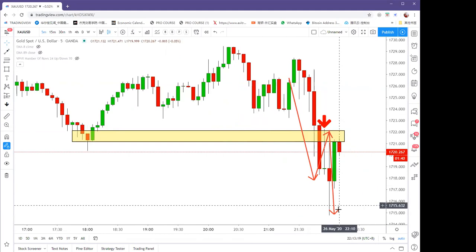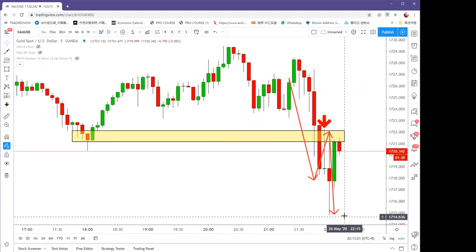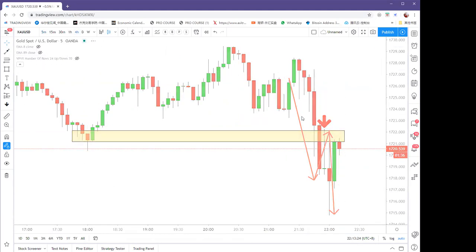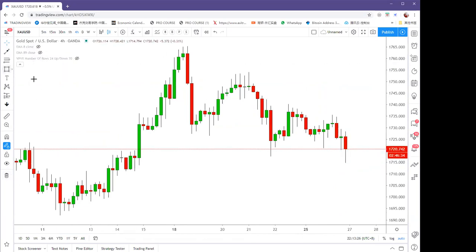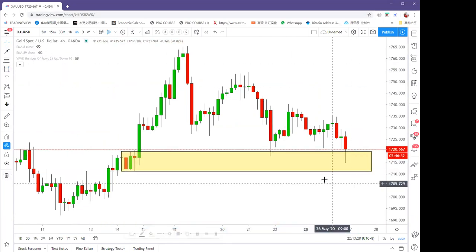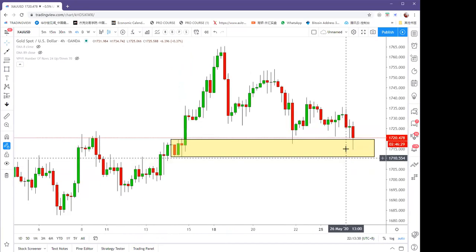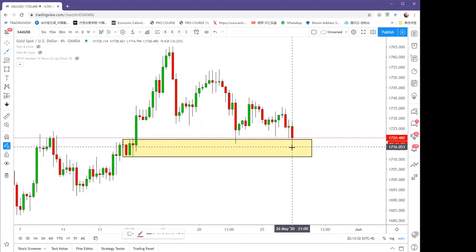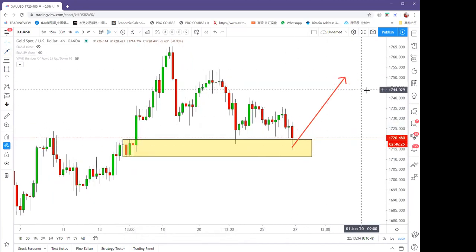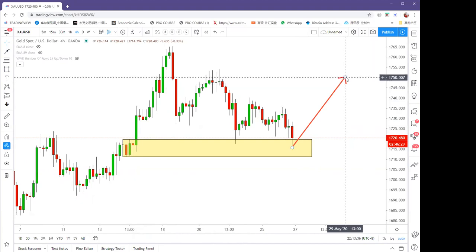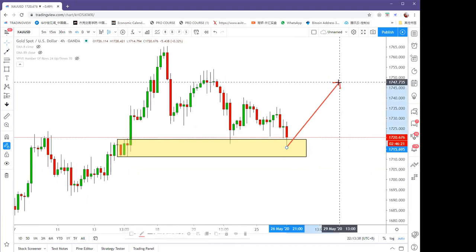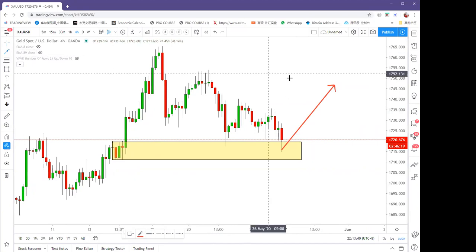Put your stop loss below 1714. That's enough, because all you need to do is watch this level. As long as gold is above this level, we are bullish, and gold can easily go to 1745. This is what I feel, because referring to the previous structure, the price is here.